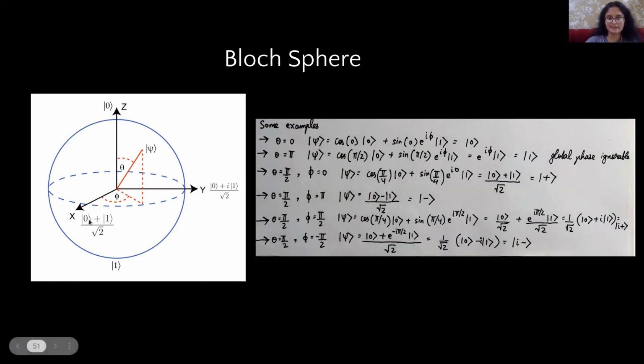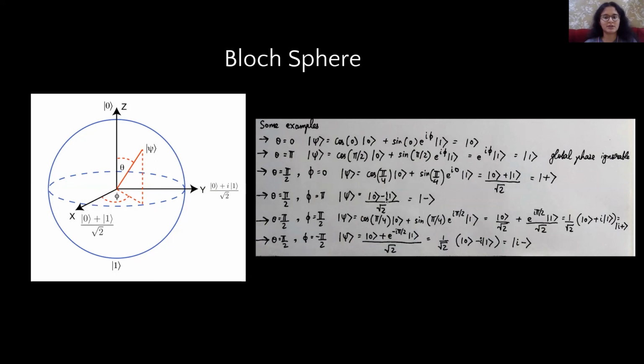Now, if we take again theta equal to pi by 2, meaning this is 90 degrees, it lies somewhere on this circle. And we take phi to be pi, so it means it's in the opposite direction of x. And again, putting the values, we get something like this. Again, the probability of it being in ket 0 and ket 1 state is 50-50.